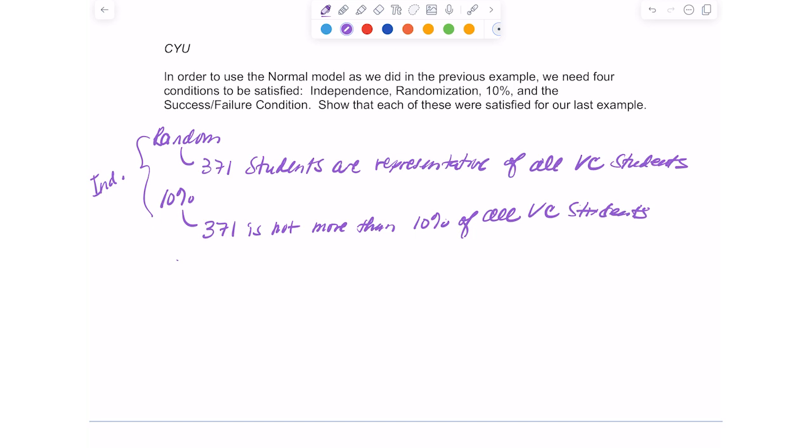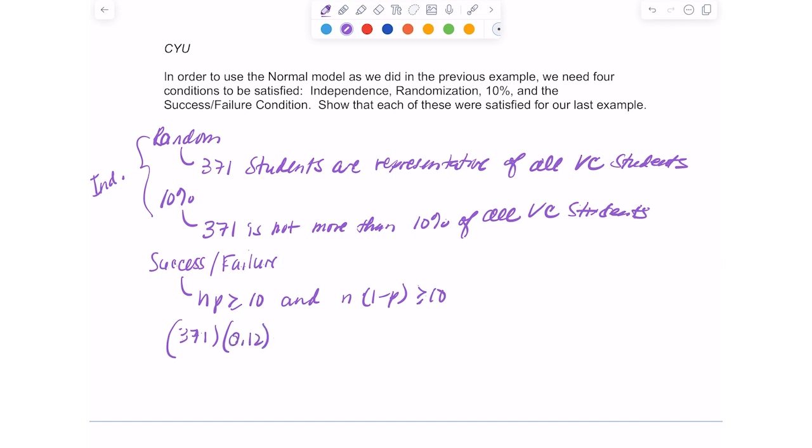The last condition I need to check goes along with the sample size, right? So I need to check the success-failure condition, which remember just says that n times p has to be greater than or equal to 10, and n times q, which is just 1 minus p, also has to be greater than or equal to 10. So here n, my sample size, is 371, and I'm going to multiply that by p, which is 0.12.